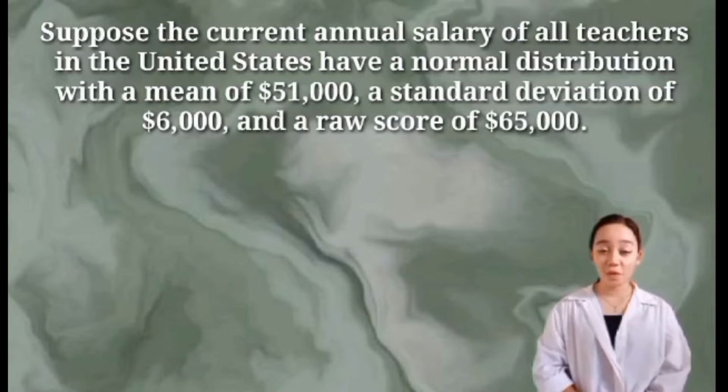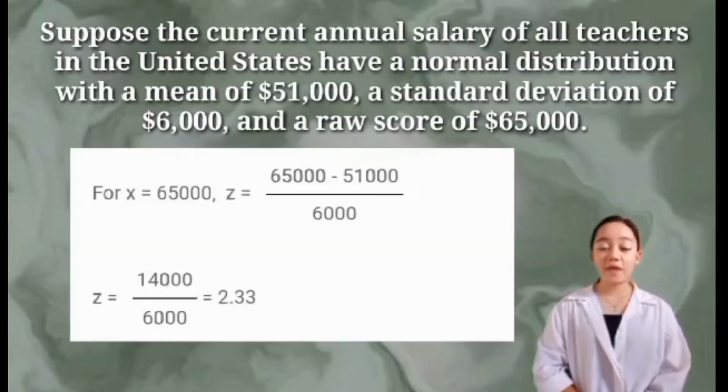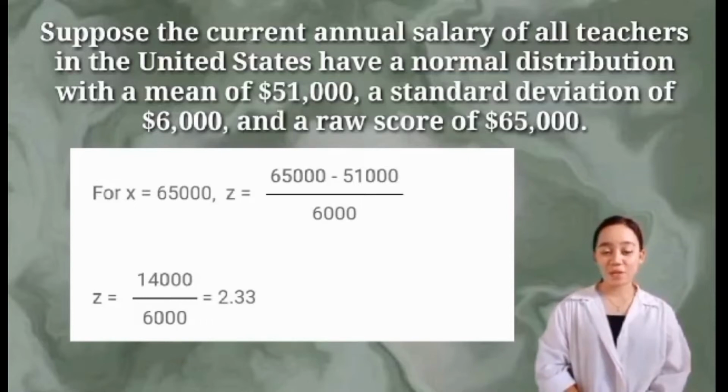Using the formula for the Z-score, we have 65,000 minus 51,000 over 6,000, which equals 14,000 over 6,000. Reduced to a decimal number, it is equal to 2.33, and that is our Z-score.